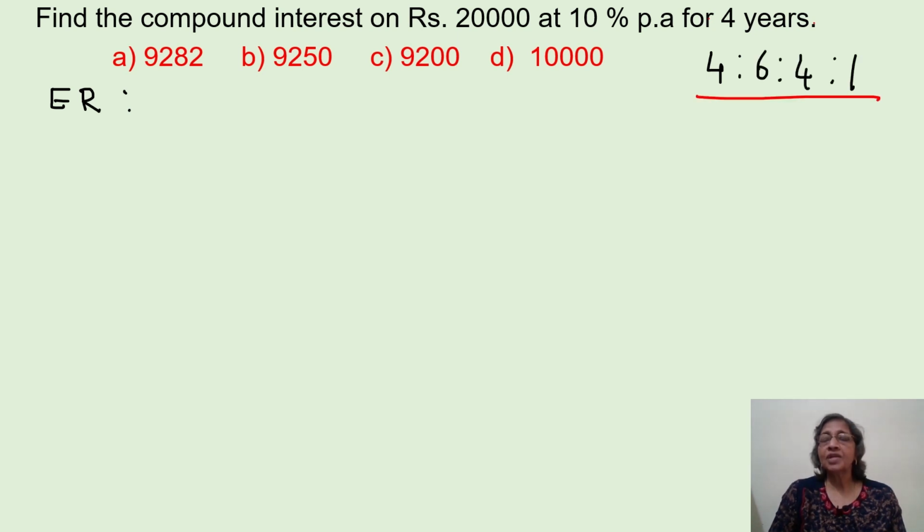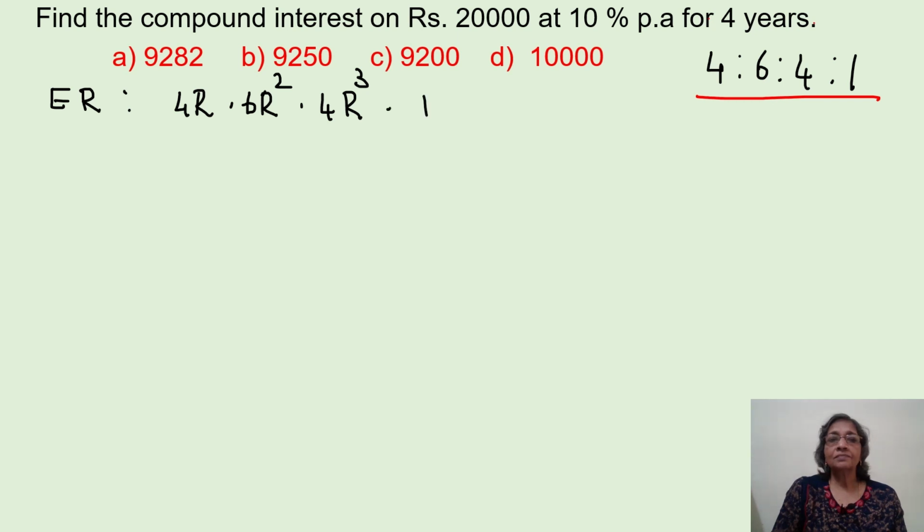This is the ratio that you need to use. Which means that I can get it as 4r, 6r square, 4r cube, r raised to 4.